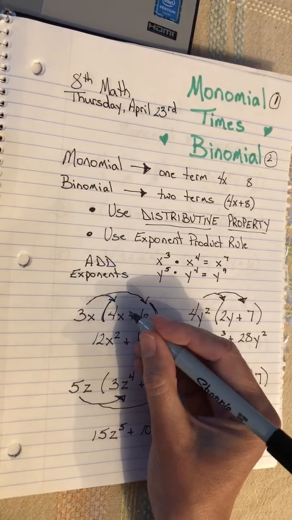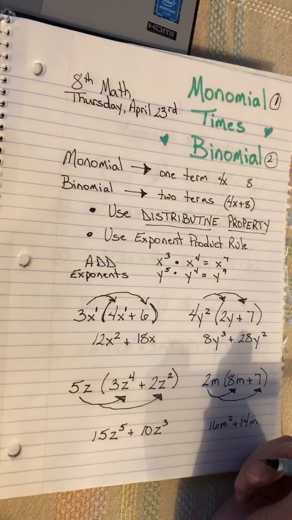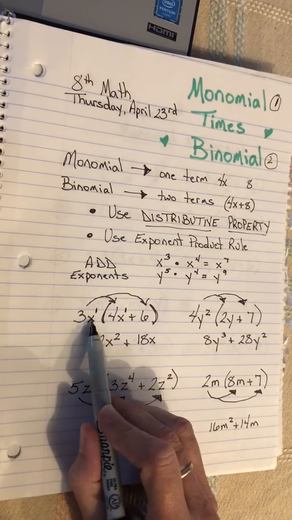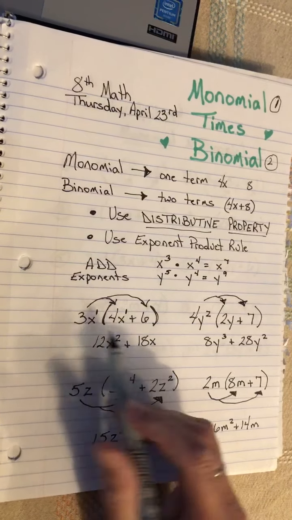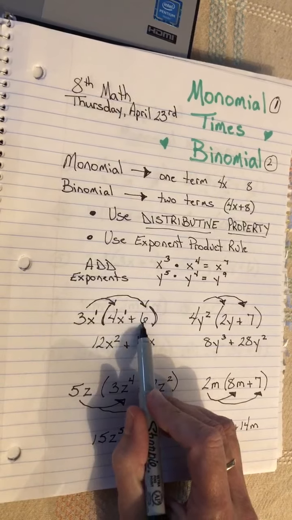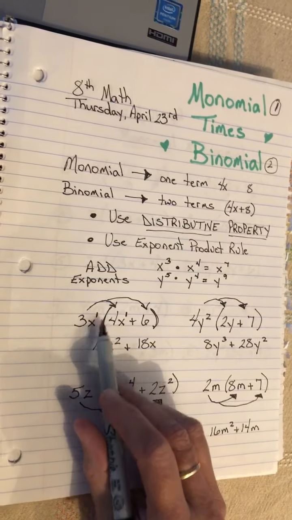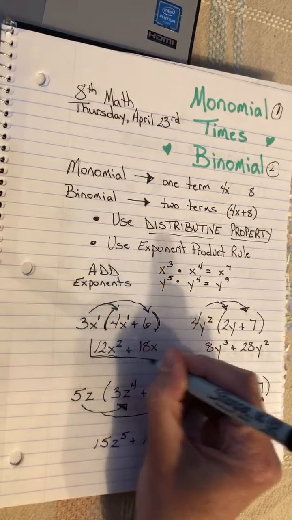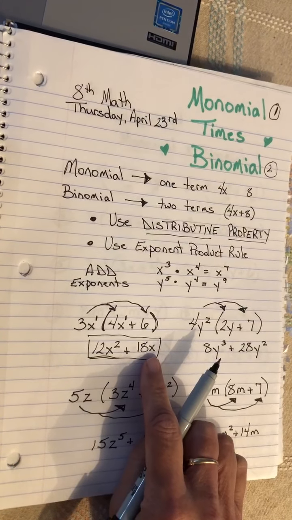Since there's no exponent listed, if it helps you, put the little ones in. 3 times 4 is 12, and x to the first times x to the first will give us x squared. Then we finish the distributive property, 3x times 6. 3 times 6 is 18, and x to the first gets brought down. So our answer is 12x squared plus 18x.